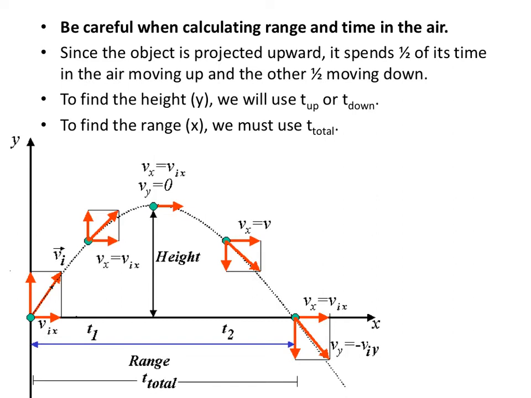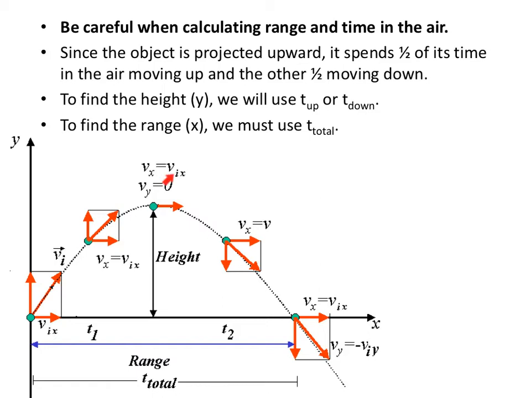Now, just like in the last test where we talked about the difference between things being dropped and things being launched upwards and falling back down with hang time, you have to be careful when you're calculating time in the air for an object. Since this object is projected upwards and then falls on the other side, half of the time it's in the air it spends going up to its peak, and half of the time it spends falling down from its peak.